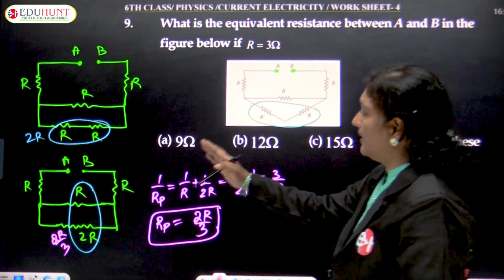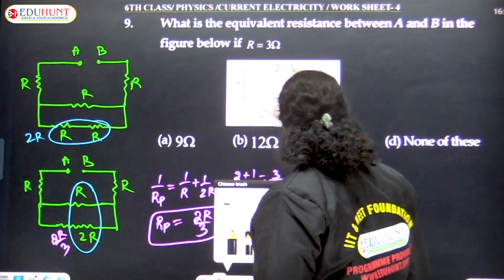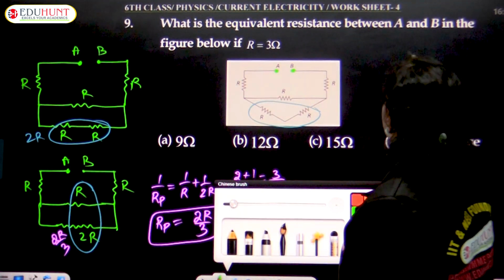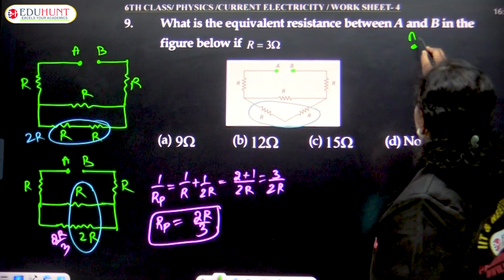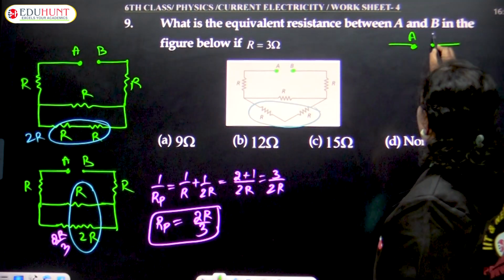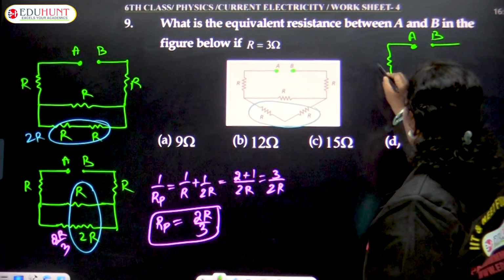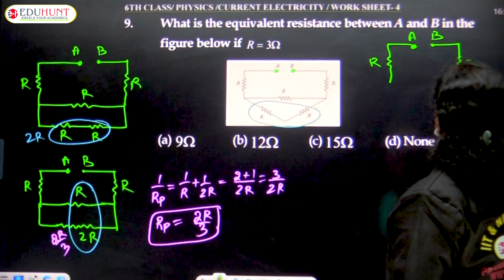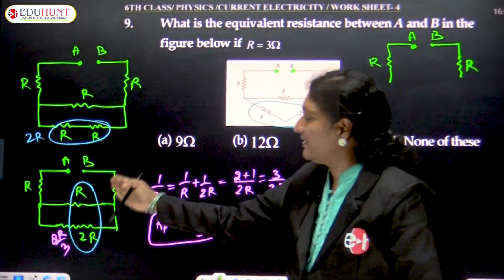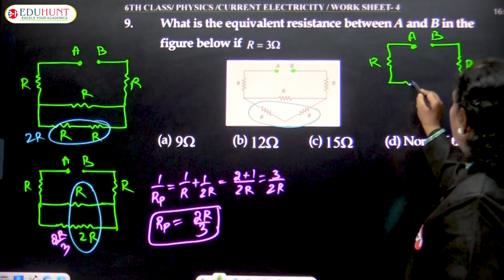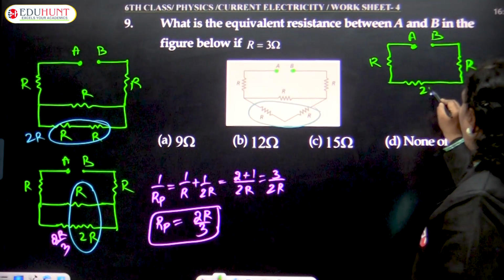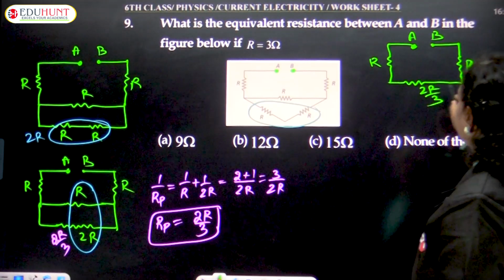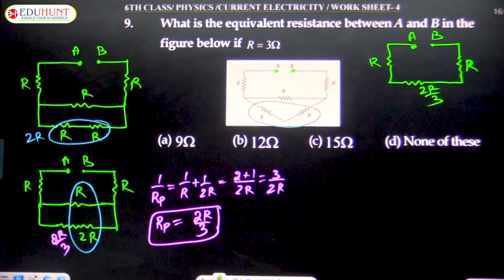So, now let us once again draw the simplified diagram for this. Up top you have two terminals A and B connected to a resistance R. Here also connected to R. With further simplification, connected to 2R by 3. So, we have three different resistors connected in series.